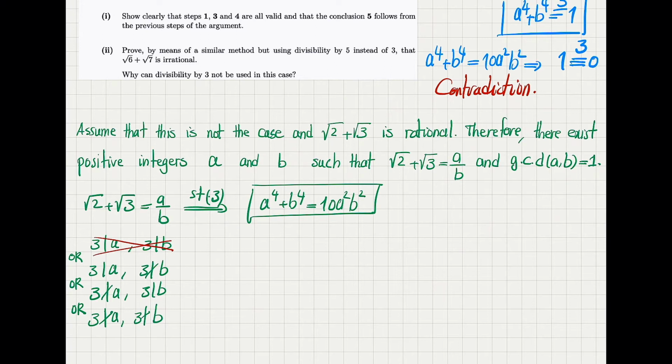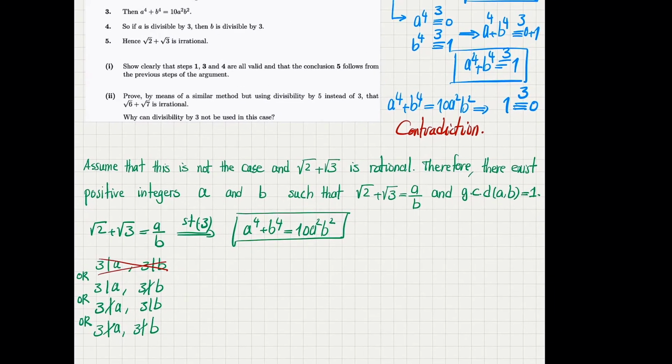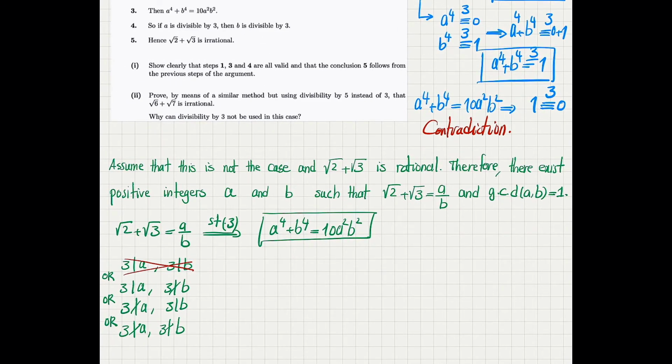On the other hand, the first option should be ruled out. The second one also should be ruled out. Why? Because of statement number 4, which tells you that if a is divisible by 3, then b is also divisible by 3. So I have to rule this possibility out. This cannot happen.